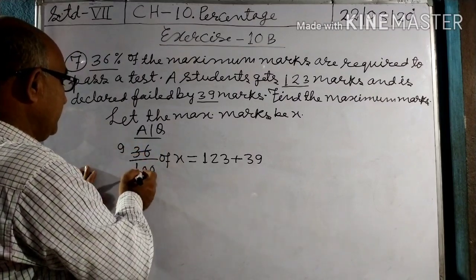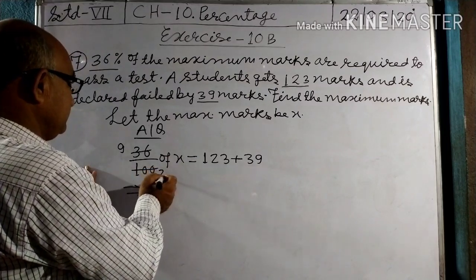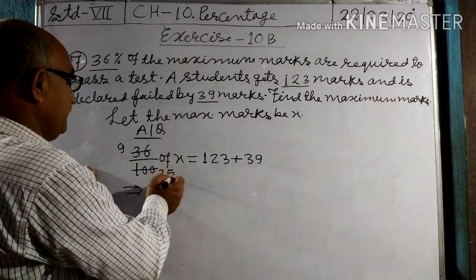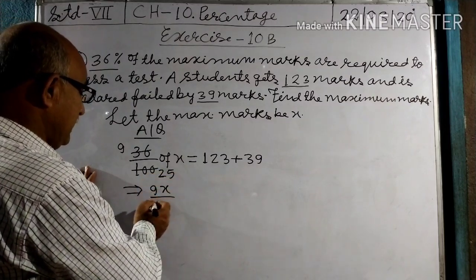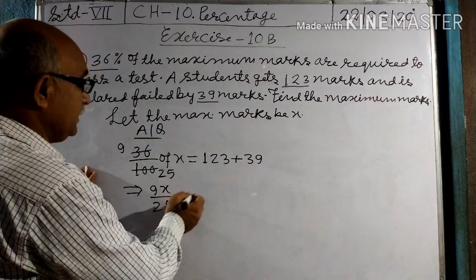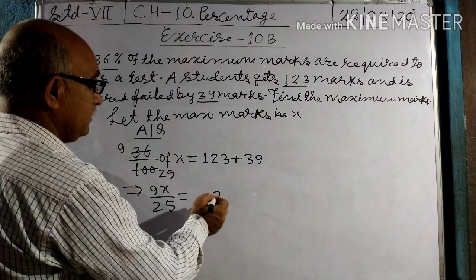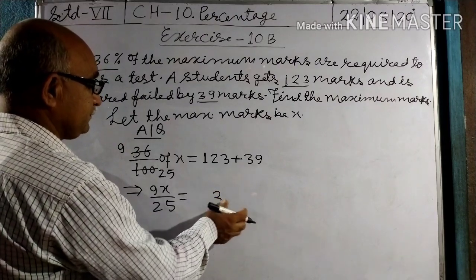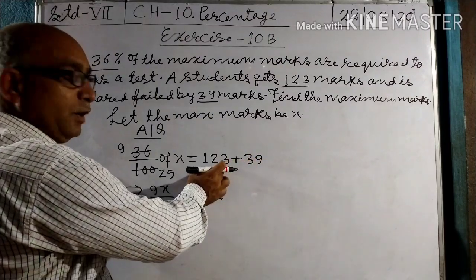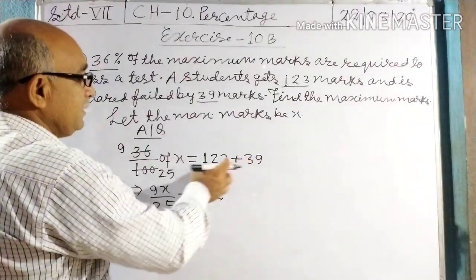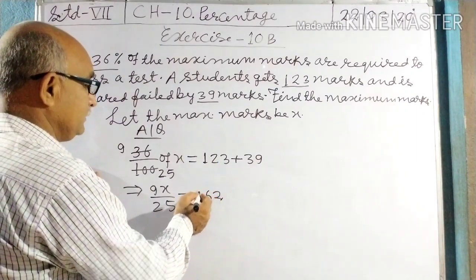That implies 9 fours are 36 and 25 fours are 100. So 9x by 25 equal to, add it: 9 plus 3, 12, 2, carry 1, 3 plus 2, 5, carry 1 plus 1, 6, and 1.